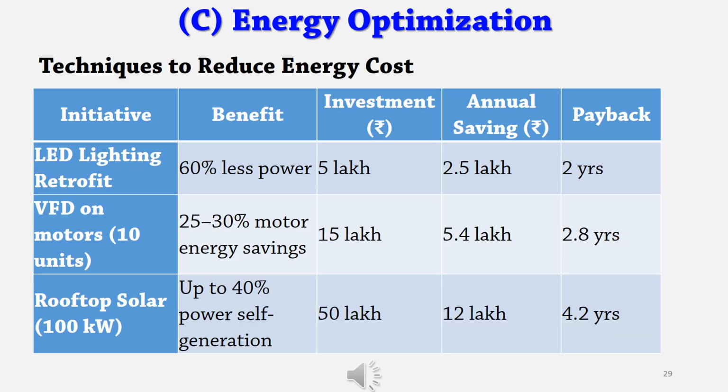There are many techniques to reduce energy cost. Some of them are mentioned here with benefit, investment, annual saving and payback. You can go through the slide. LED lighting retrofit, VFD on motors, rooftop solars are some of the solutions.